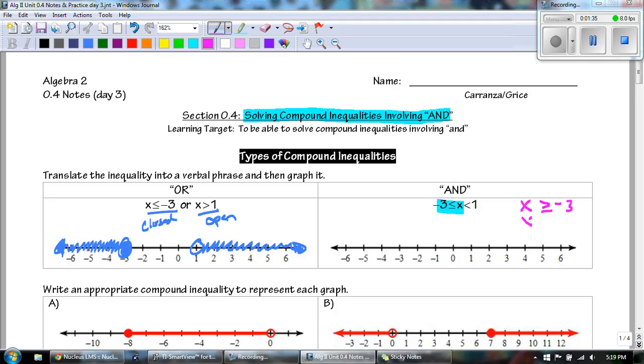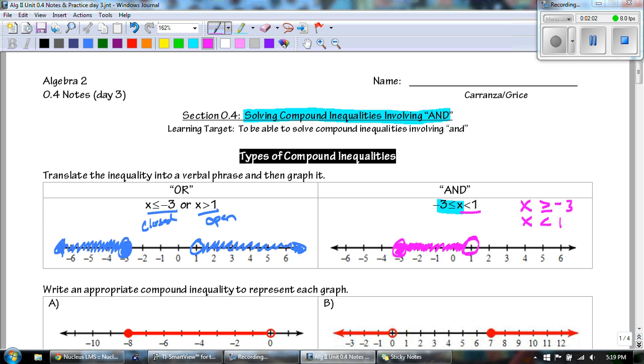And then my other one, x is less than 1, is already written there. So at -3, I am closed, and I'm shading to the right. At 1, I am open, and I'm shading to the left. Okay, so with an or, we're shading the outsides, and with an and, we're shading the middle.